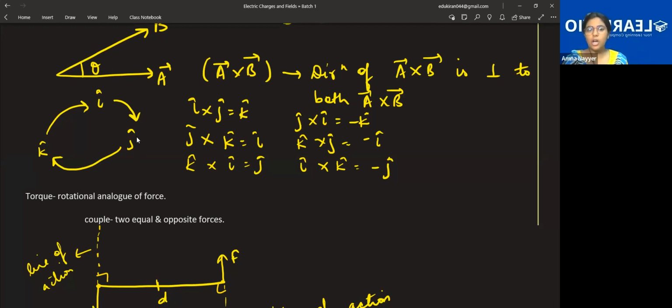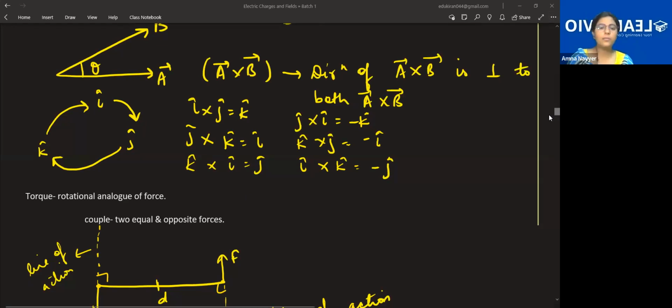So i cross j will give you whichever quantity is left, like k cap is left, so i cross j gives k cap. j cross k gives i cap. k cross i gives j cap. But when this order is reversed, j cross i, k cross j, i cross k, these will give you all the quantities negative.